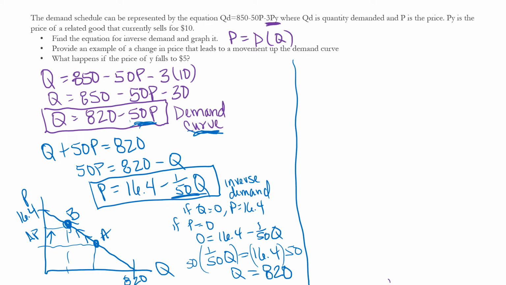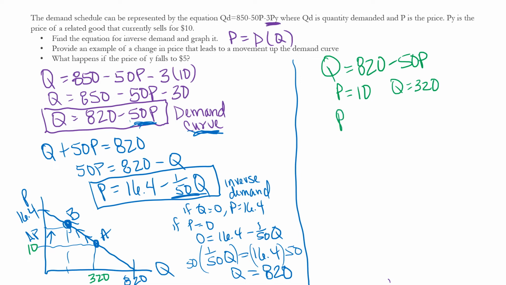Let's see what happens if I use P equals 10. If P equals 10, plug in 10 here. 50 times 10 is 500. 820 minus 500 is 320. So let's say this is P equals 10, and this would be 320. Let's have price increase to 15.